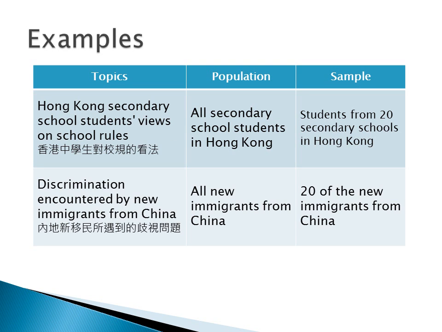We can look at these two examples for the first topic. For example, say we want to know about Hong Kong secondary school students' views on school rules. Then what should be the population? The population should be the target group. That means for this case, we should count all secondary school students in Hong Kong.